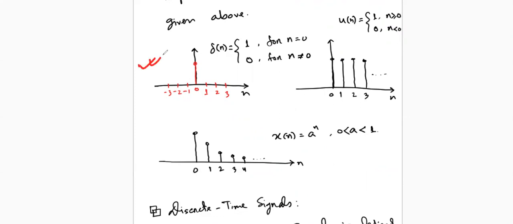This is our delta signal. It has 1 at the center, and otherwise zeros. The unit step signal has 1 starting from the 0th sample to positive infinity, and zeros on the negative side.